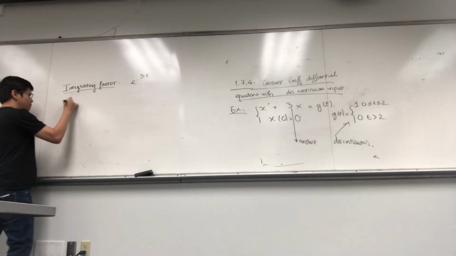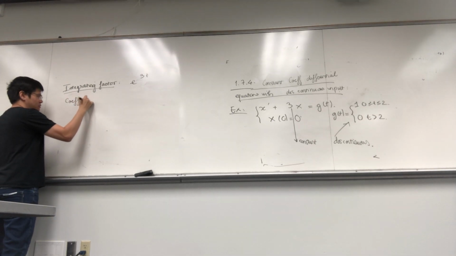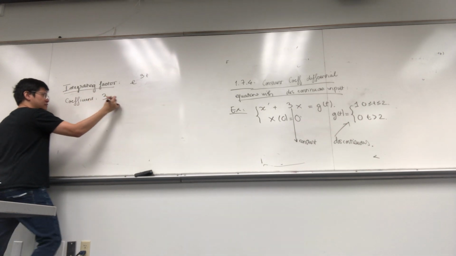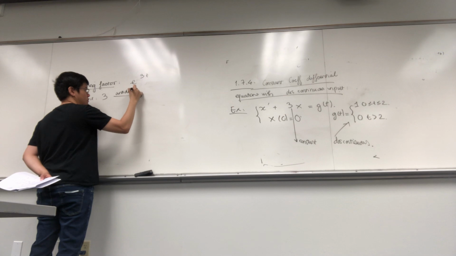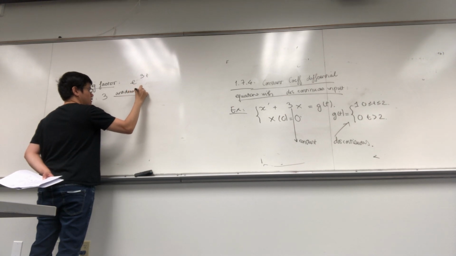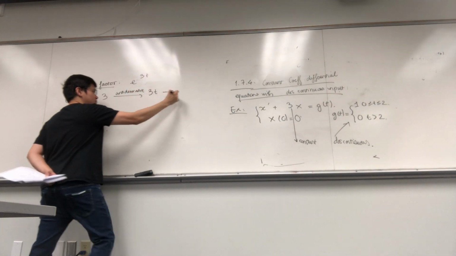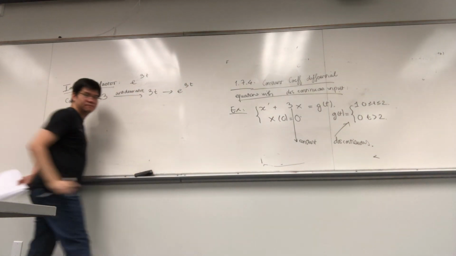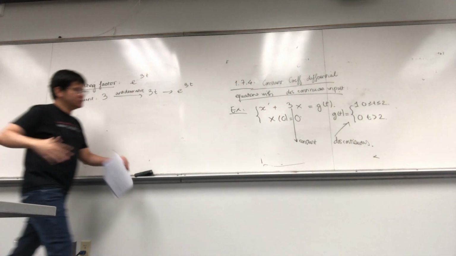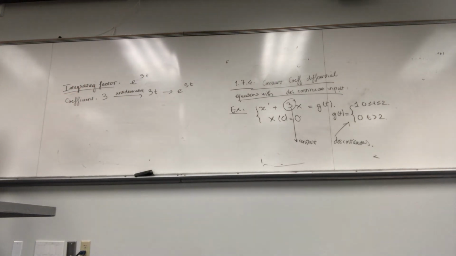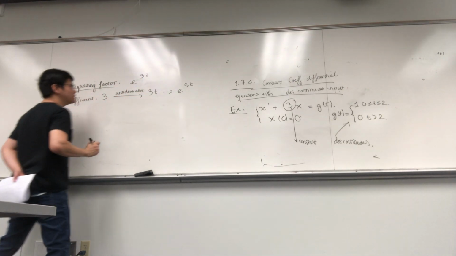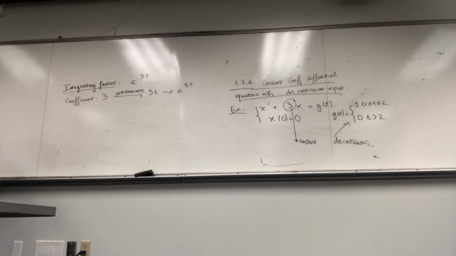Why? Because the coefficient will be 3, so you take the antiderivative and you have 3t, and you just put e to the 3t, right? So it's always this coefficient which is the most important. You look at this, you take the antiderivative of it, you take the exponential of that. All right, so the integrating factor will be e to the 3t.